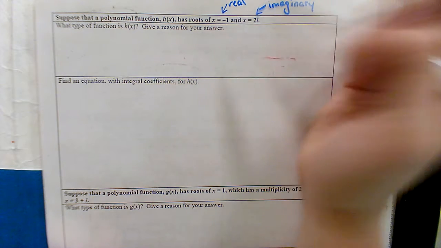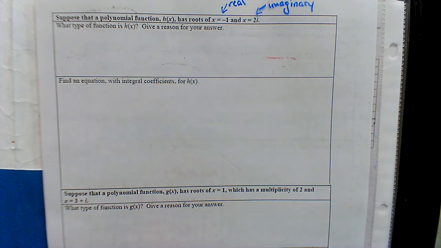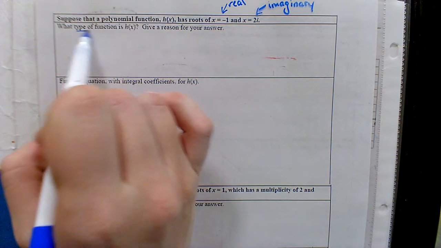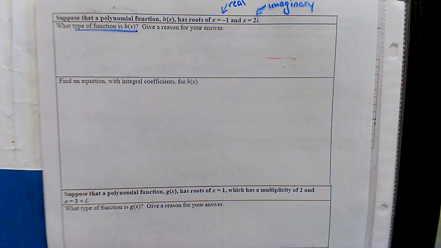So with that basic information, we're going to try to figure out what the equation of the graph would be with these particular x-intercepts. Okay, but let's just first talk about what type of function do we have here. Can you describe it? Do you think it's quadratic, cubic, quartic, quintic? Can we identify that degree?